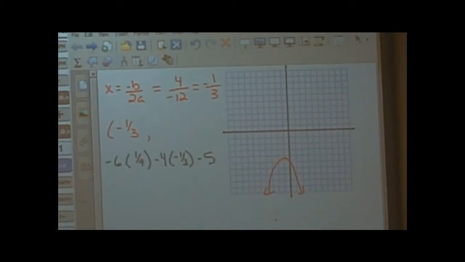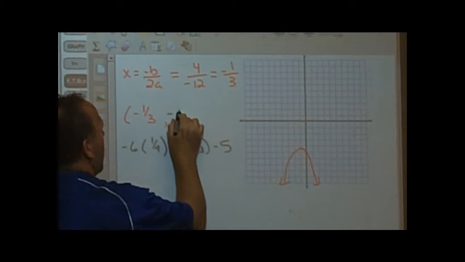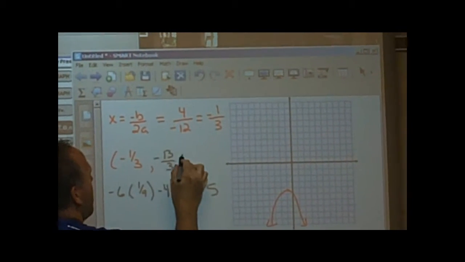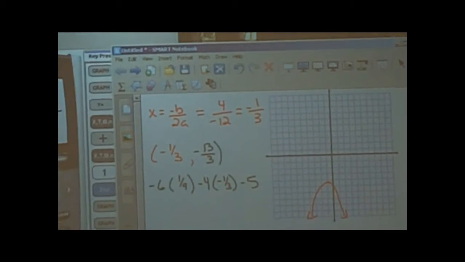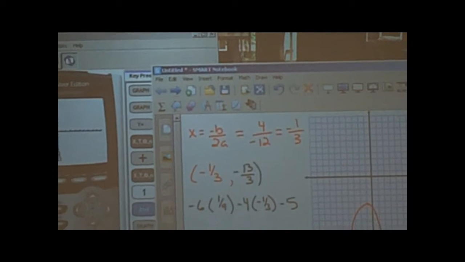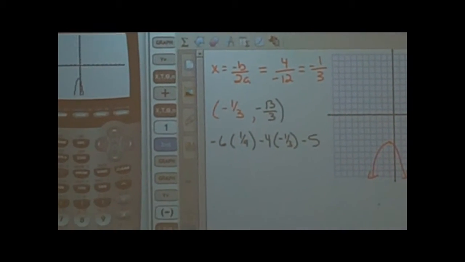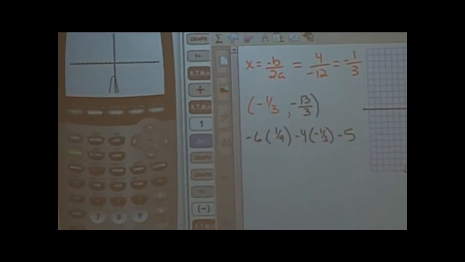Negative 13 over 3. If you do it in the exact order, you cannot miss it. I'd write it out and then put it in your calculator. Many of you just punch it in and mess up because we make a small mistake.